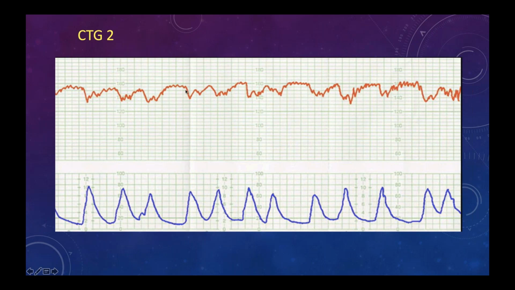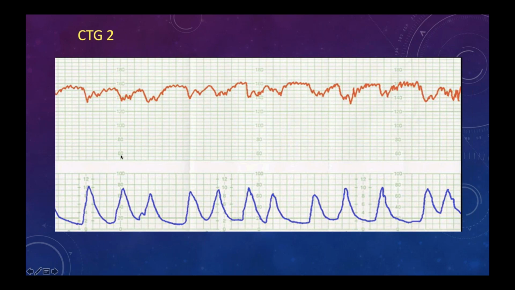Yes, ma'am, that means normal. Variability is fine because you take here and here, it will cross more than one box. Then deceleration with concerning features, that means W pattern, is persistent in more than 50% of contractions.